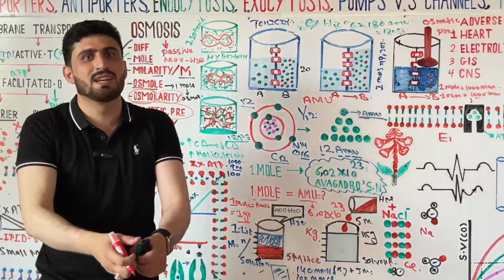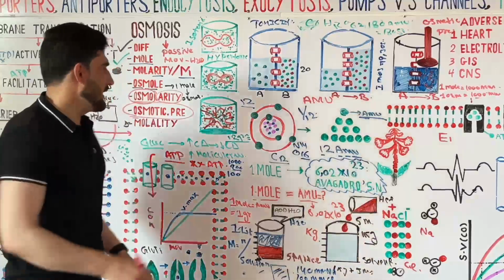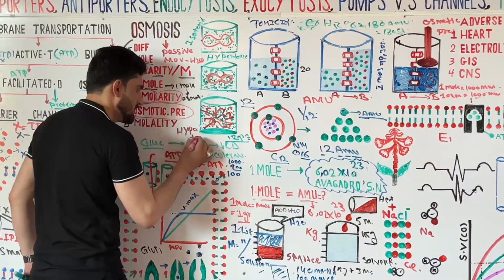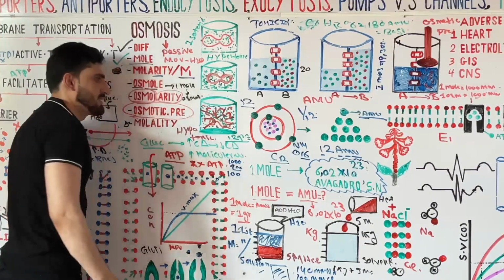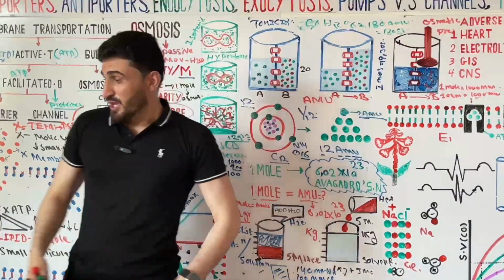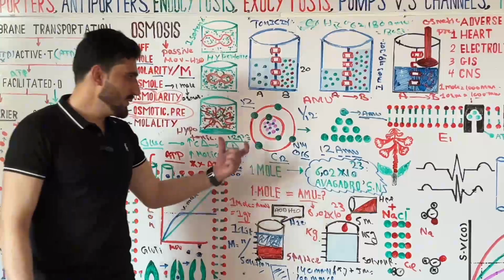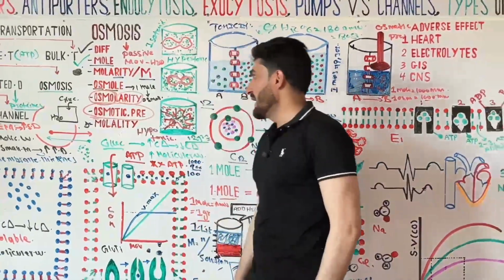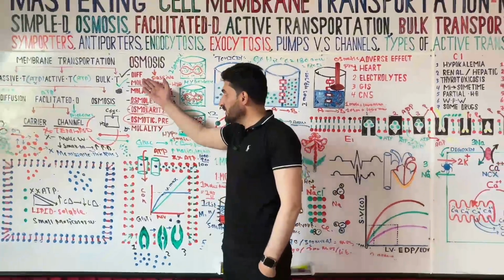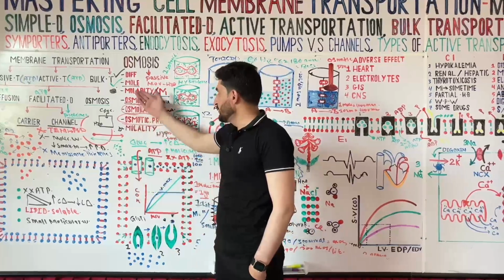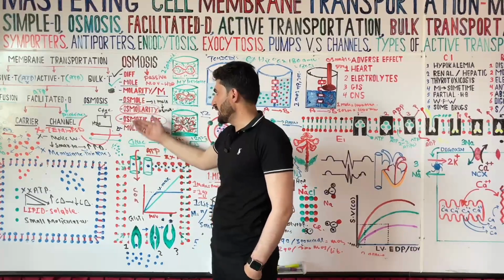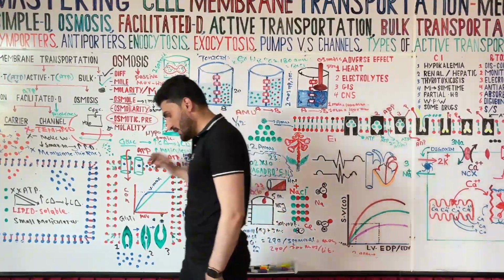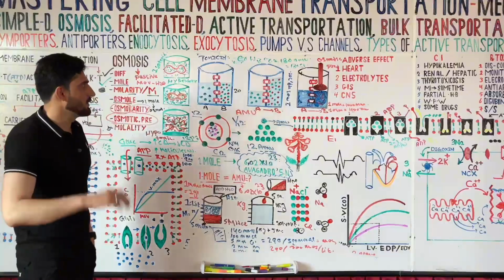So the cell goes to rupture, and this type of solution is called a hypotonic solution. So this was the huge and toughest concept of the cell membrane, which I have explained: osmosis definition, mole, molarity, osmol, osmolarity, osmotic pressure, molality, and so on. So learn it clearly.